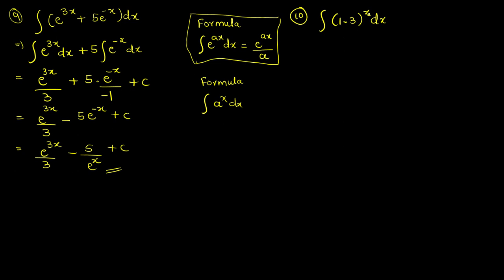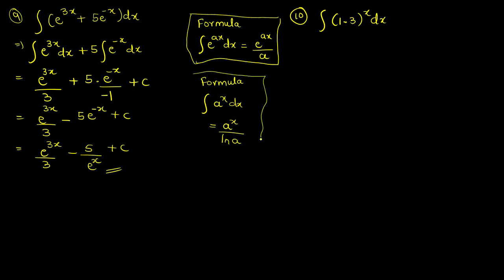If you have a constant raised to the power x, then the integration of this will be a power x by ln of a. So the formula you can look into again, integration of a constant raised to the power x dx will always be equal to the same constant power x, but divided by ln of the constant, adding some constant of integration c.